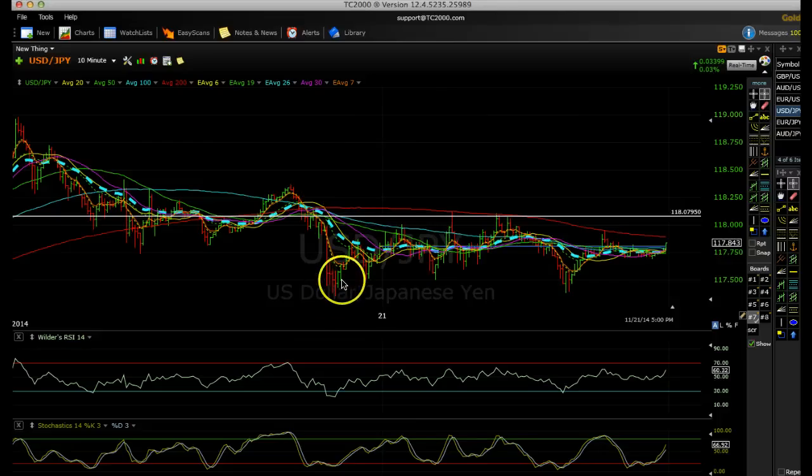Then you'll have to clean it up to use just the important lines, because otherwise you'll have a line here, here, here, here. It'll look really crazy, and it will confuse you. You don't want to be confused when you're trying to trade. You want levels that are going to mean something.